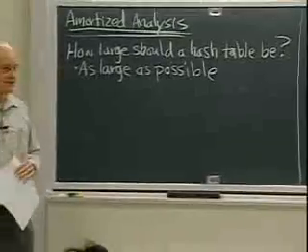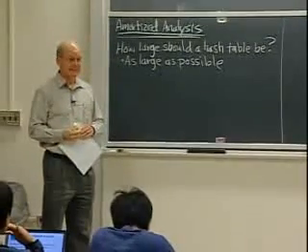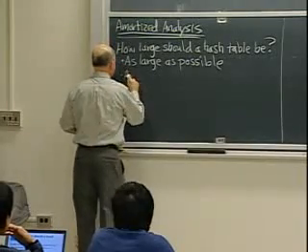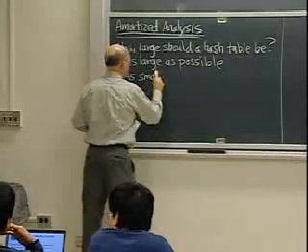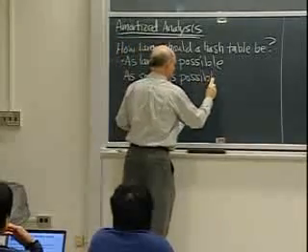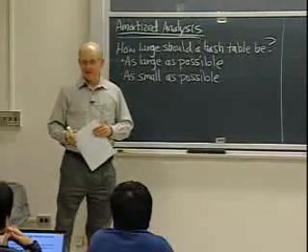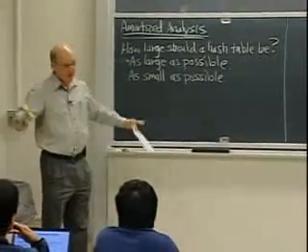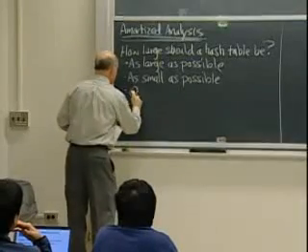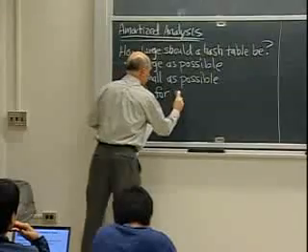Flip side of that is what? Takes a lot of space, so I should make it as small as possible, so as not to waste space. Okay, so I want it big. And the happy medium, as we've discussed in our analysis, is to make it order n size for n items.